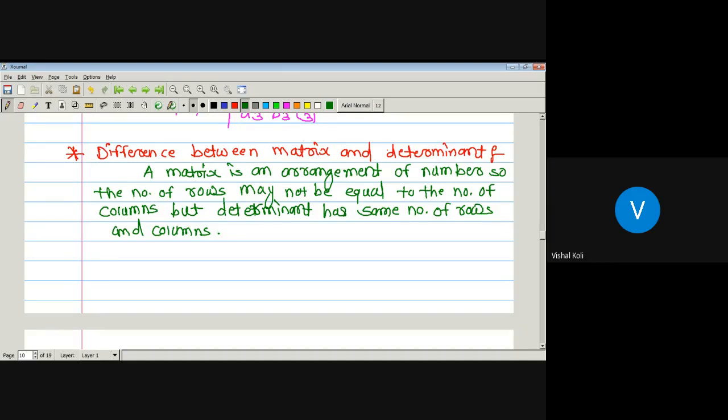That is, a matrix has any number of rows and any number of columns, but the determinant must have the same number of rows and columns.